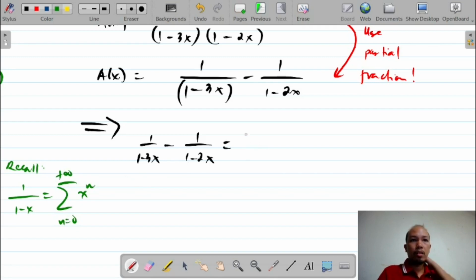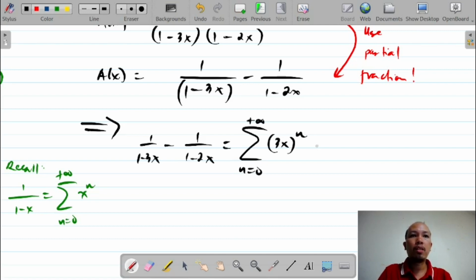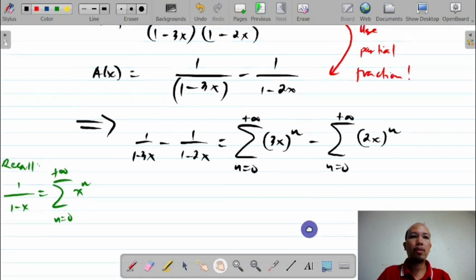So this is the summation of 3x to the n starts from 0 to positive infinity, minus the summation of 2x raised to the power of n starts from 0 to positive infinity. And we are almost done.